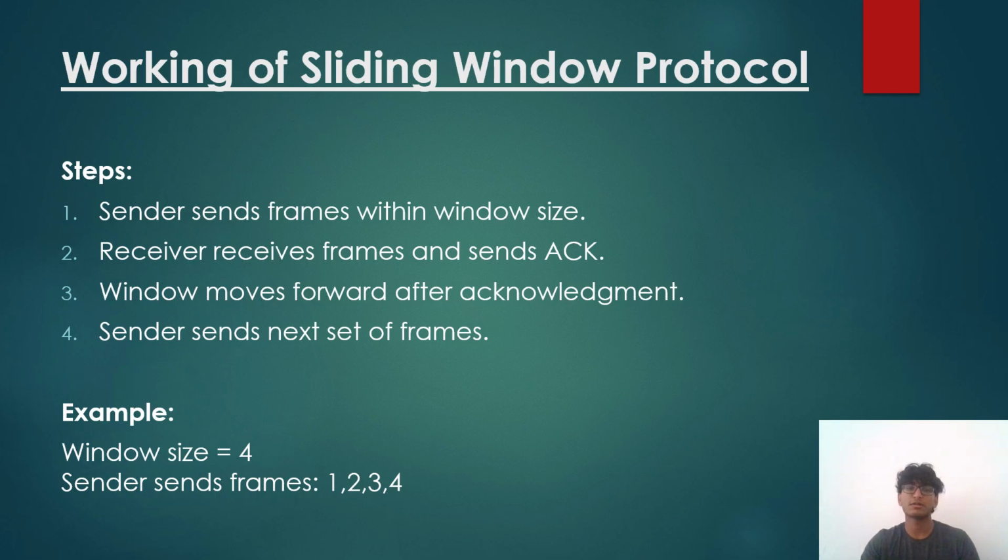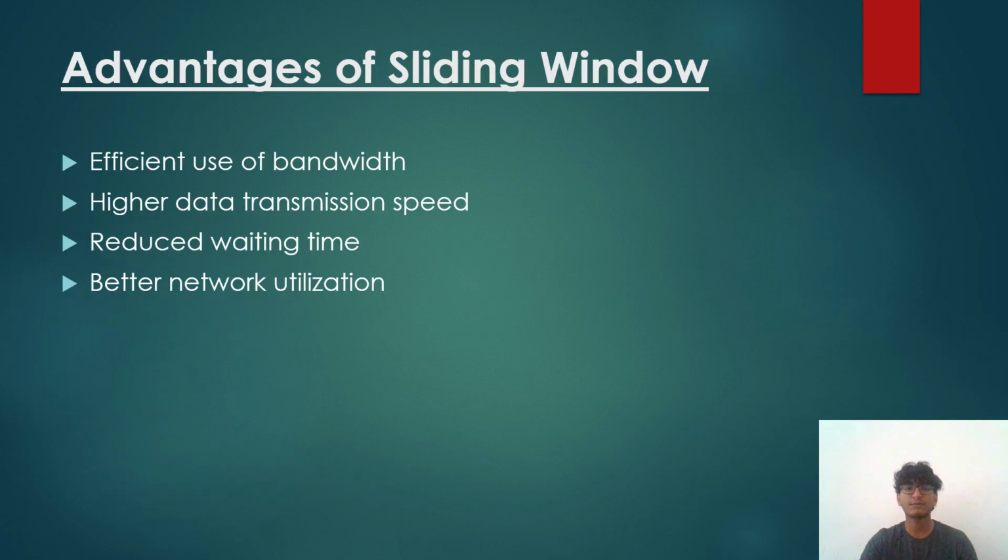For example, suppose the window size is 4, and the sender sends frames 1, 2, 3, 4. Then after receiving the acknowledgement for frames 1 and 2, the window shifts and now the window is 3, 4, 5, 6.